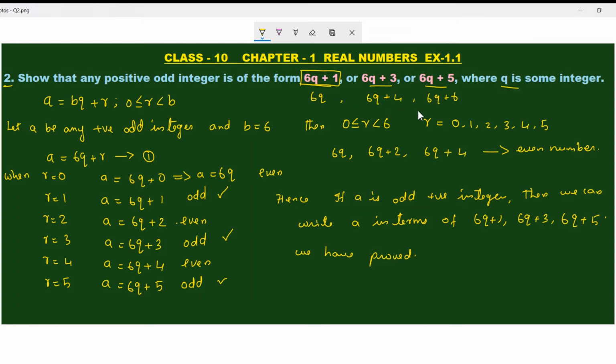Here we have missed one, 6q plus 2. So if they ask like that, we will take these three, 6q, 6q plus 2, 6q plus 4 instead of 6q plus 1, 6q plus 3, 6q plus 5.